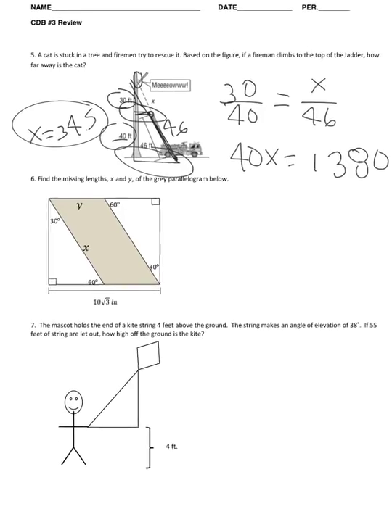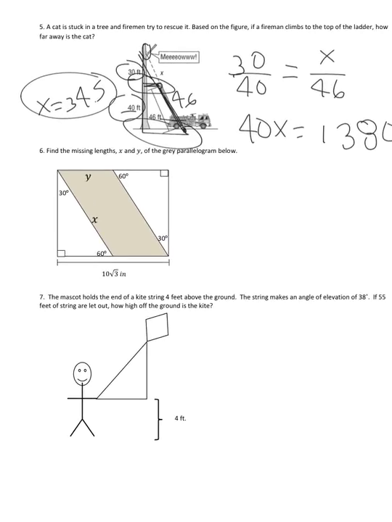All right. Number 6, find the missing lengths x, y of the gray parallelogram. When you look at your paper, it's going to be gray because it's printed out. But on this video, you can see it looks kind of tan, I guess.